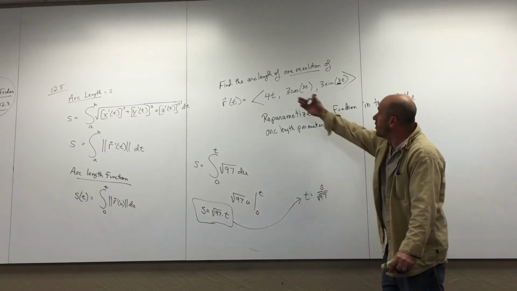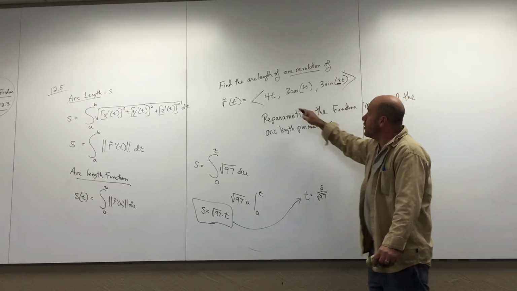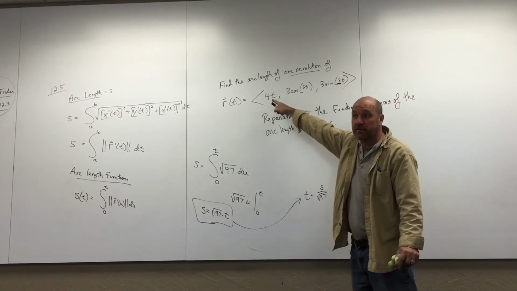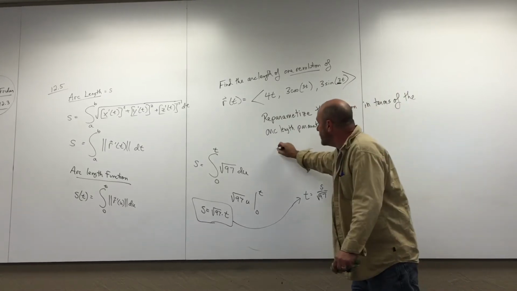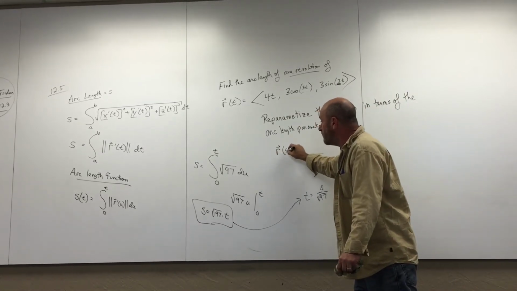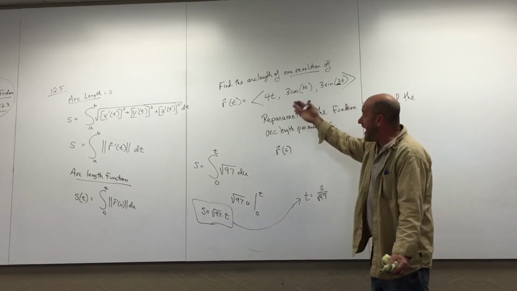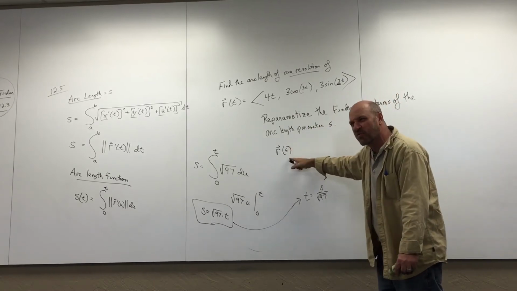Well, then guess what? If you want to reparameterize this curve, replace all those t's with that. And what you'll have is the same helix, the same vector valued function, but in a new parameter, s.